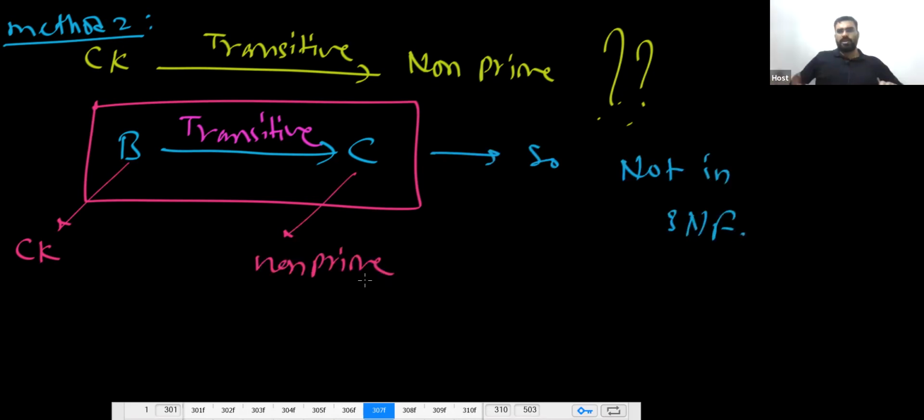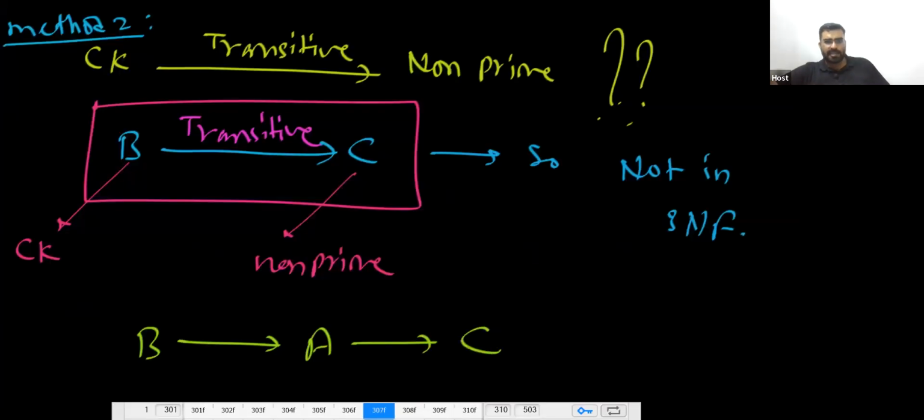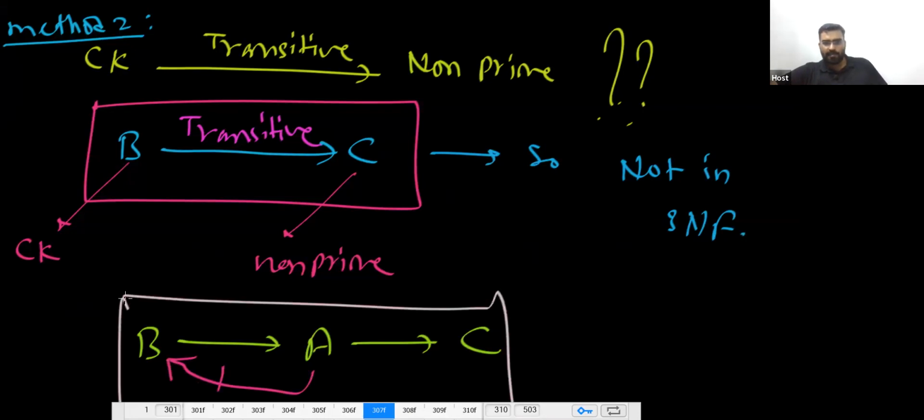Your relation is not in 3NF because B can determine A, A can determine C, but A cannot determine B. Picture perfect. The diagram. So this is transitive dependency. Who is transitive? B determining C.